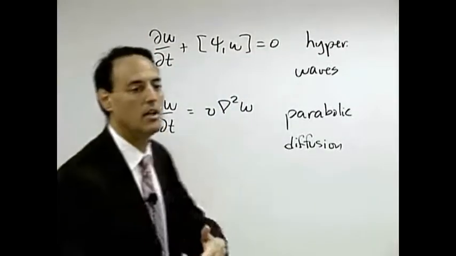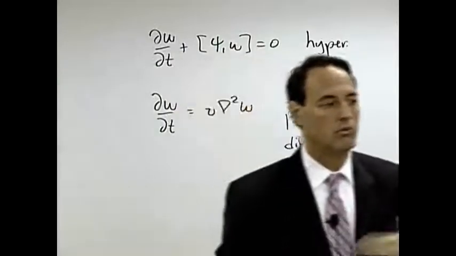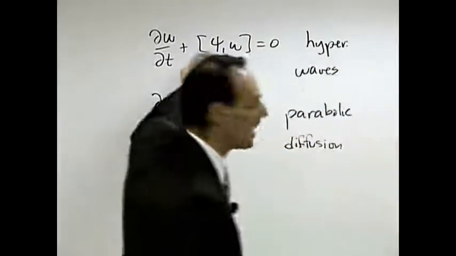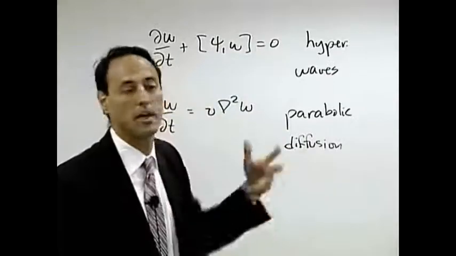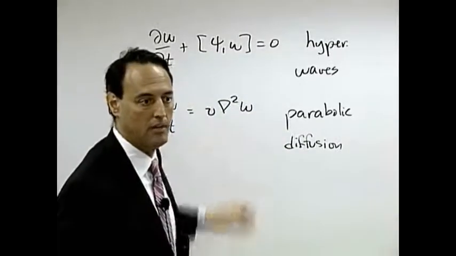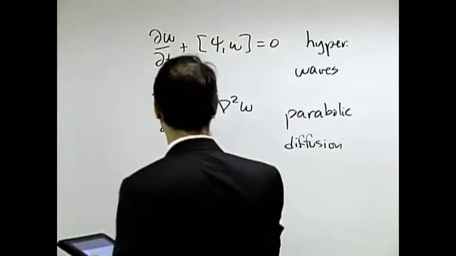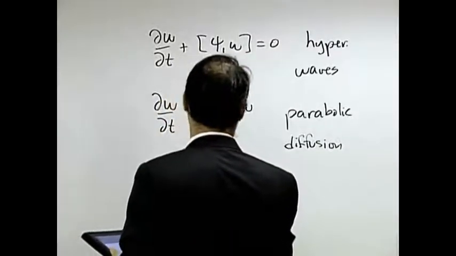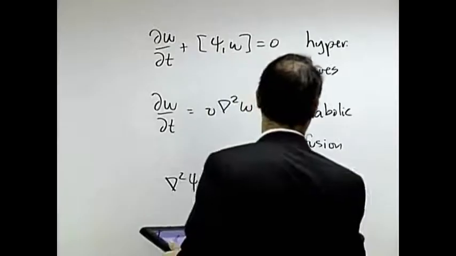This is a problem where things diffuse away. You lose energy in the system. This one's not losing any energy; these are just waves flying around. This loses energy, and you have to think about how to handle that. And then finally, this one here is an elliptic problem.